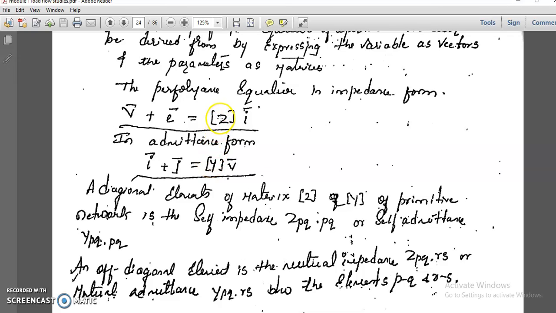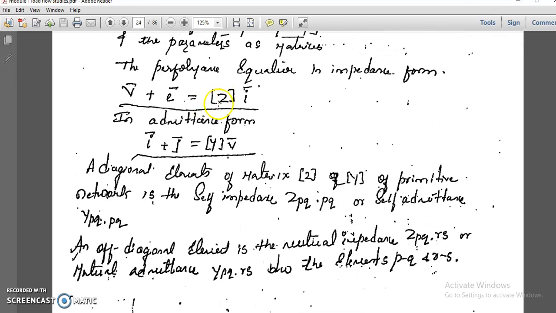This is the primitive network impedance and admittance, and the same impedance and admittance can be called self impedance and self admittance. If I take Z of PQ comma PQ, that is self impedance. Same thing if you write YPQ comma PQ, that is self admittance.